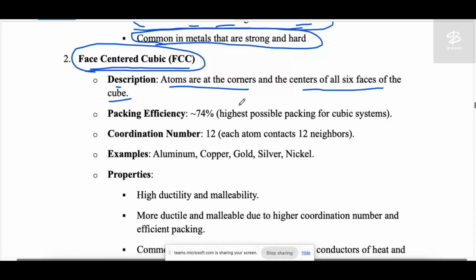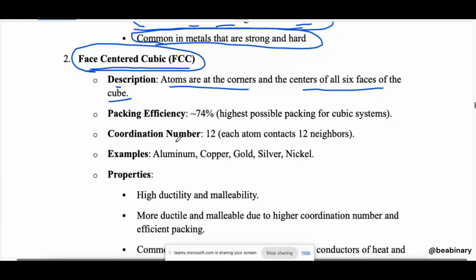If half an atom is present at one face and you have a total of six faces, then how many atoms are present there? Six into one by two, which is equal to three. So three atoms come from the faces and one atom comes from all the corners, so that you have four atoms.